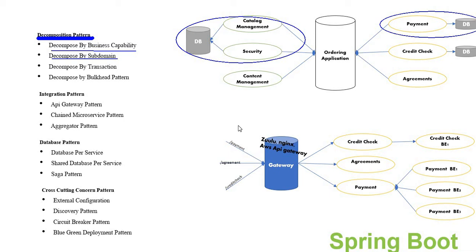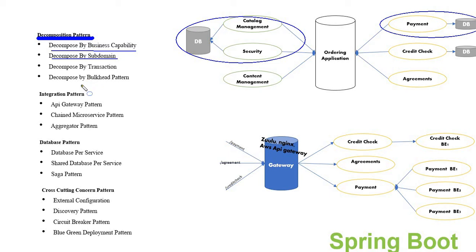So we need to come up with a design: how we are going to maintain the database and the transaction layer, whether each service has its own transactions, or we have one database shareable across multiple microservices. That is another design we need to consider before developing any microservice, and we can make use of this design pattern.